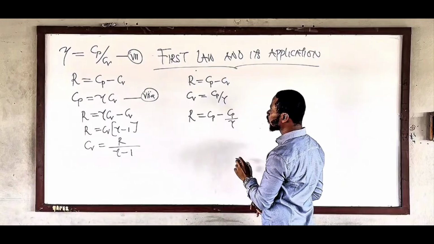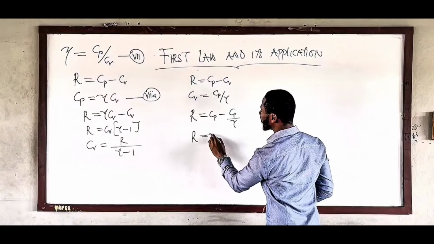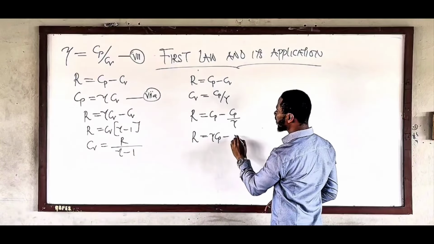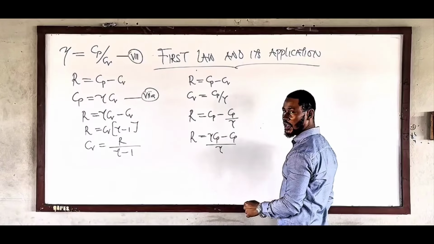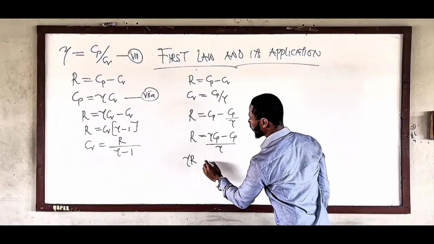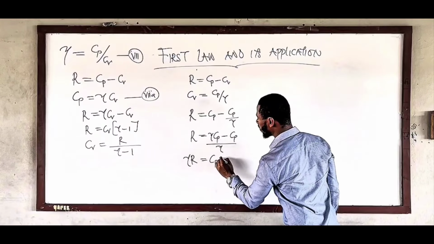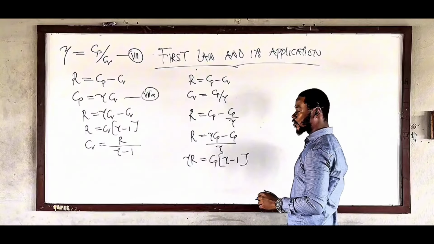The next thing we are going to do is to find the LCM. So R equals gamma Cp minus Cp, all divided by gamma. Take it to the other side. You have gamma R equals Cp is common into bracket gamma minus 1. So divide through by gamma minus 1.